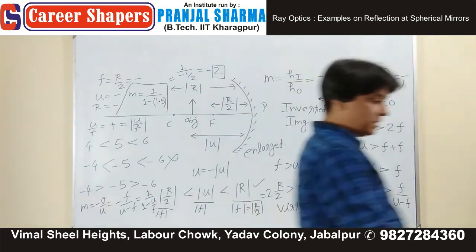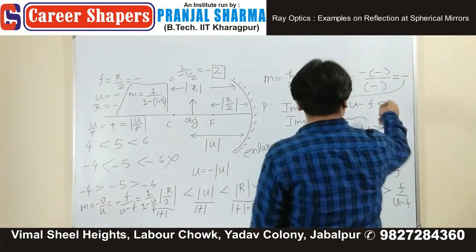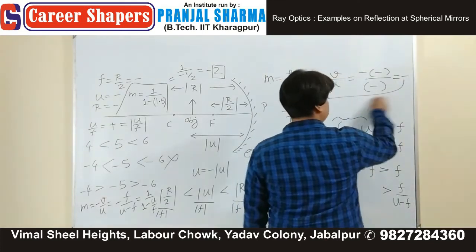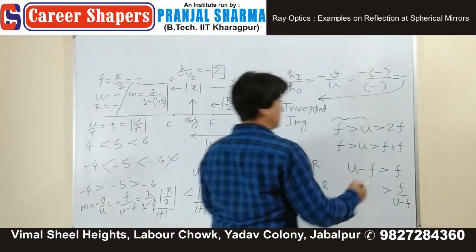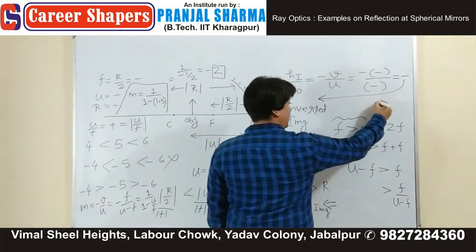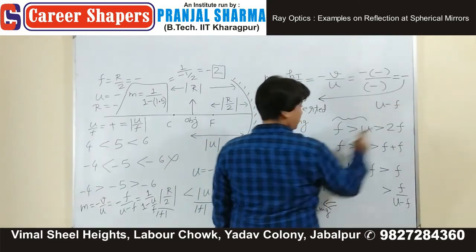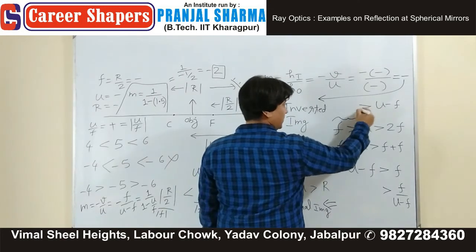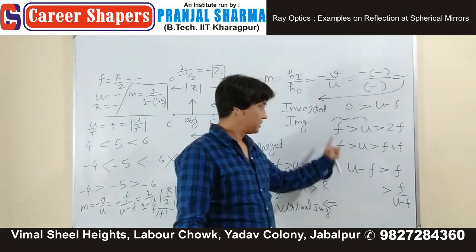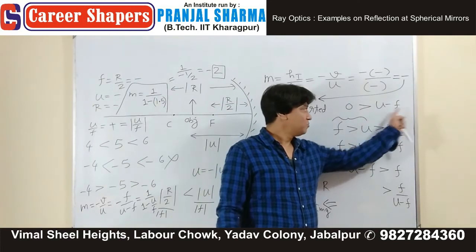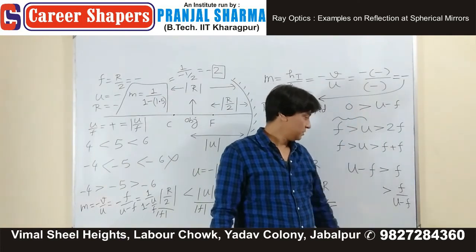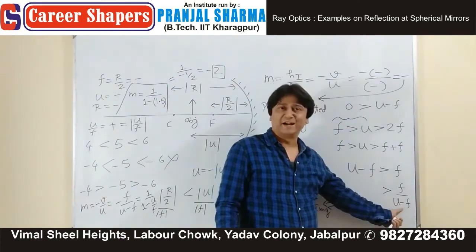Also that it appears and looks good to you. Let's write down this way. It is telling you that u minus f, shift f there, is less than 0. So once I say u minus f is less than 0, this u minus f is a negative term.